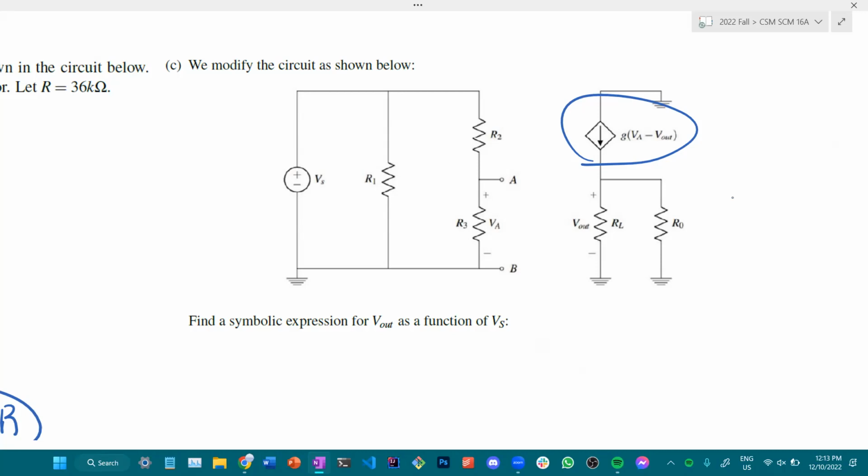What you see in the diagonal square here is usually shown as a dependent source. For example, the one we just circled on the screen is called a dependent current source, which, as you can see, the amount of current it supplies is dependent on the amount of voltage we get across terminals A and B. So these kinds of things exist.